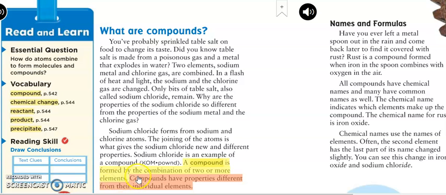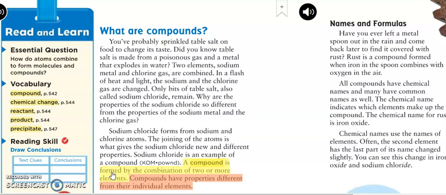If we take two elements from the periodic table, for example, sodium metal and chlorine as a gas, and we combine them together in a flash of heat and light, the sodium and the chlorine gas are changed. Only bits of table salt, also called sodium chloride, remain.